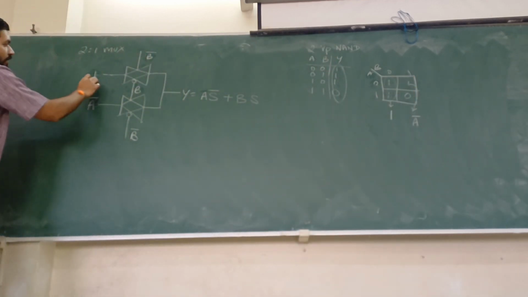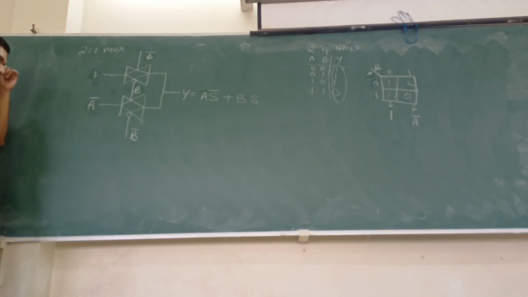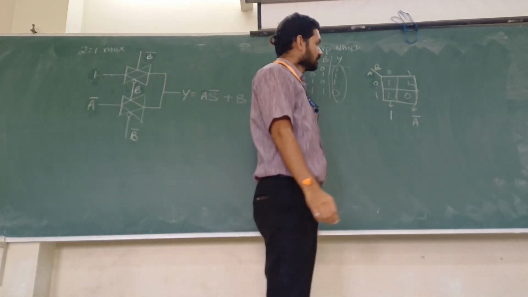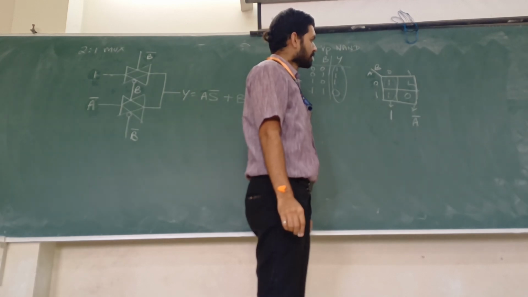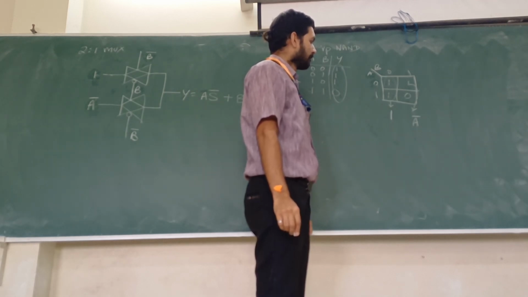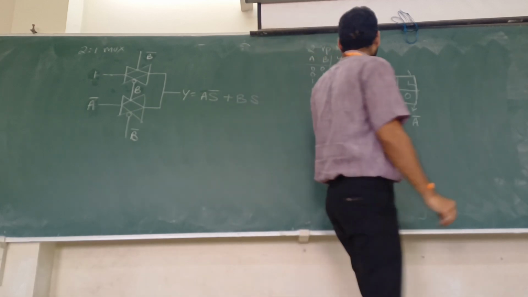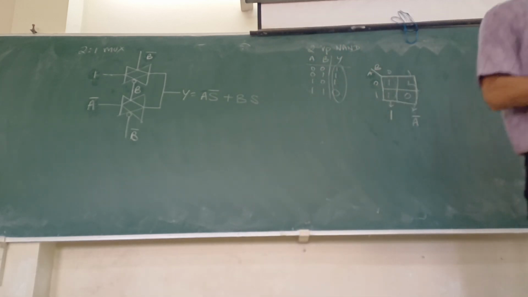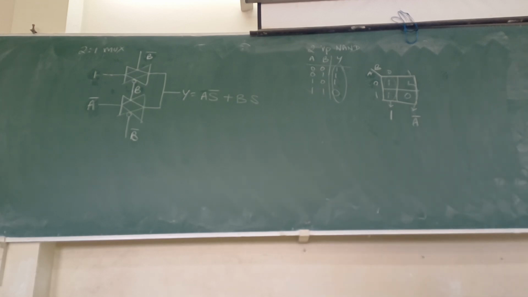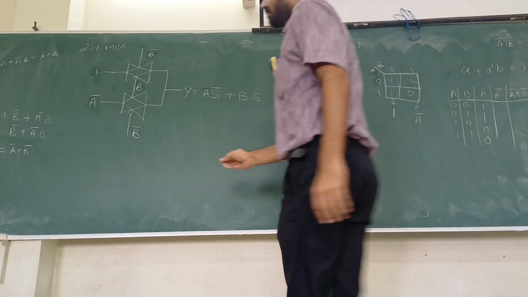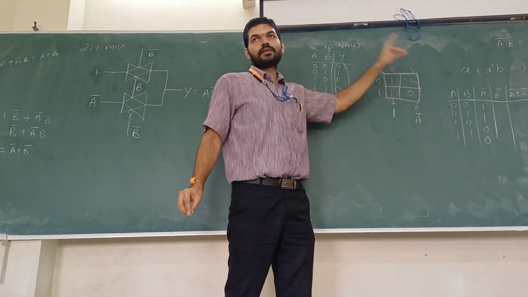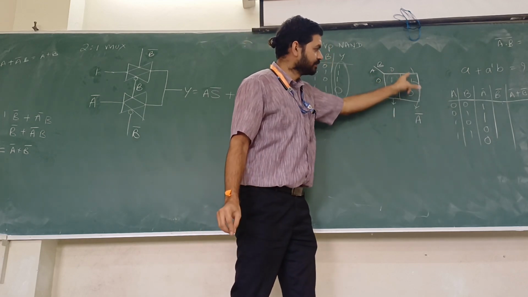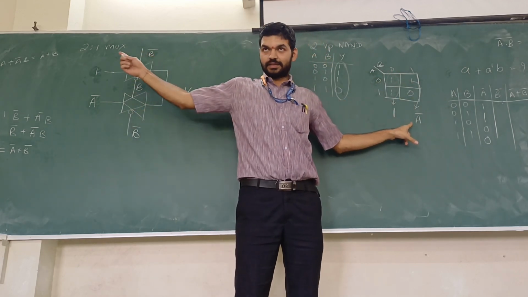This is how they design it. So from this K-map I got what should be the input at both the TGs.